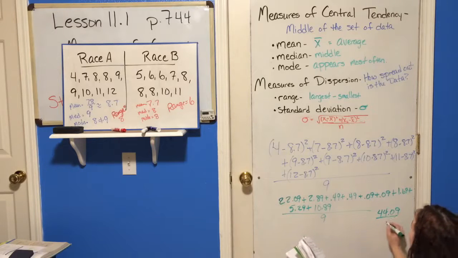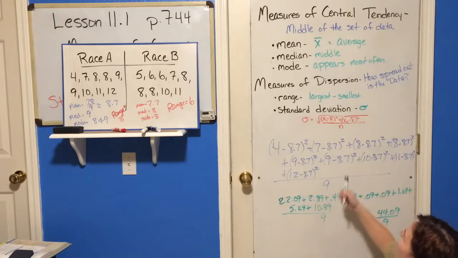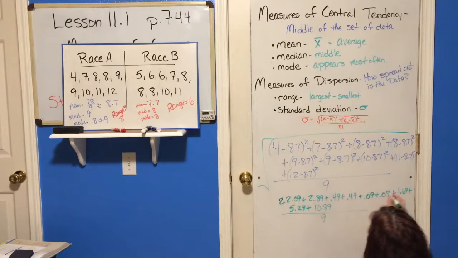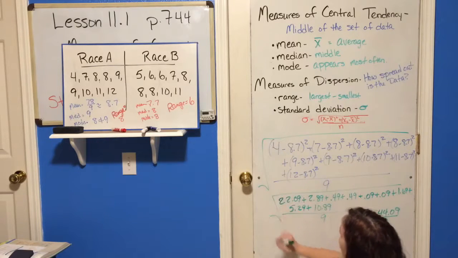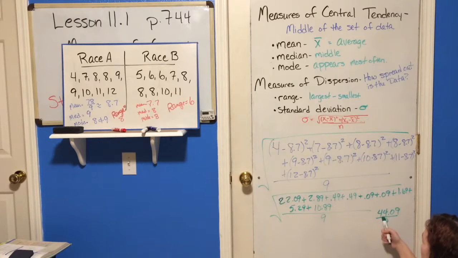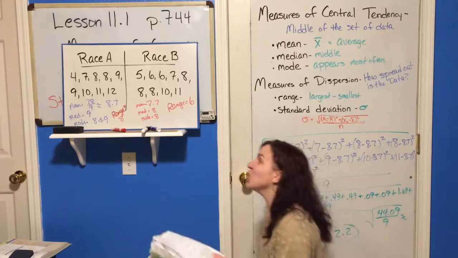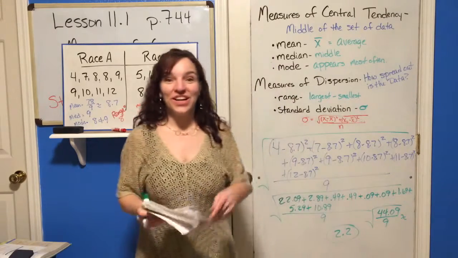Divide by 9. Uh-oh, guess what? On all of these I forgot to put the square root, but it's not a big deal. It's just going to affect our final answer because all of that, it's the square root of that. So 44.09 divided by 9, and take the square root of it, and you should get 2.2. Whoo-wee! A lot of tedious work, all right?